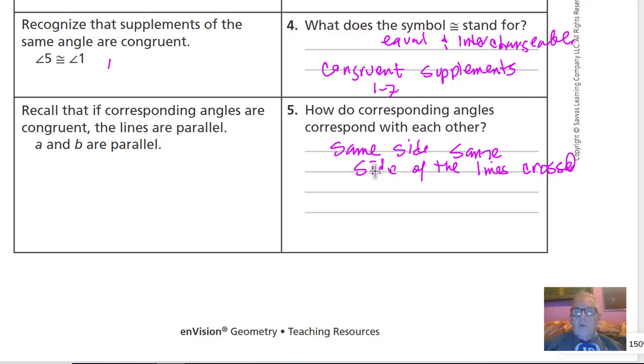And how do corresponding angles correspond with each other? It's got two lines cut by a transversal, and the same side would be two angles that would be like this. They're both on the left and they're both above. Or we could also have both on the right and below, to the right and above, to the left and below. Those would be corresponding positions.